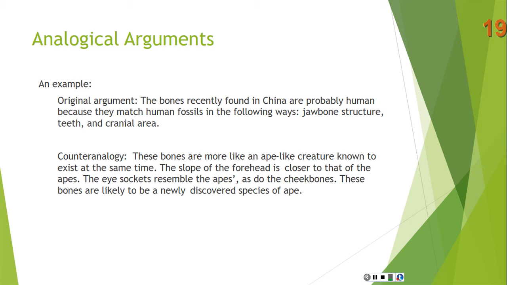The number of things being compared, the variety, that type of thing. Once you do that, suppose you conclude that the counter-analogy is stronger. Well, then you can just ditch the original argument. You've undermined the original argument by providing an analogy that does the trick and that's stronger than the original analogy.